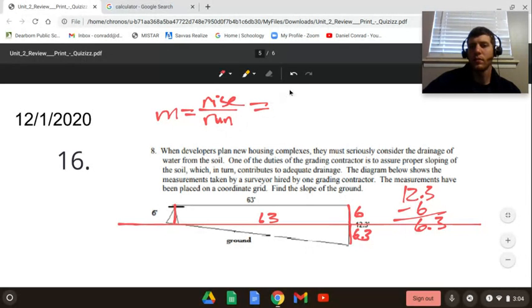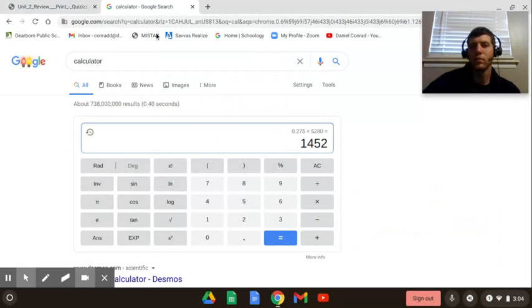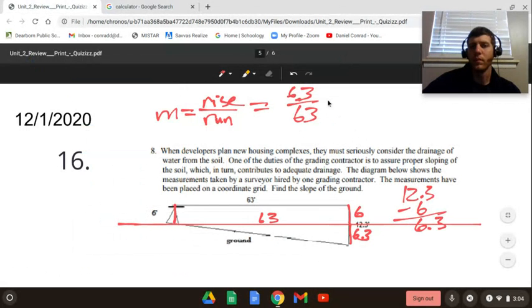So our rise is 6.3, and our run is 63 feet. So we need to do 6.3 divided by 63, which is going to be 0.10, 10%, right? We don't even need to put that in the calculator. It's going to be 0.10 or 10%.